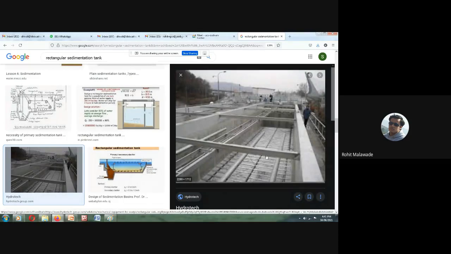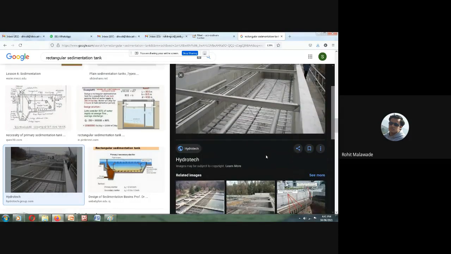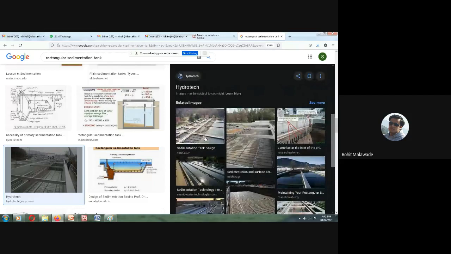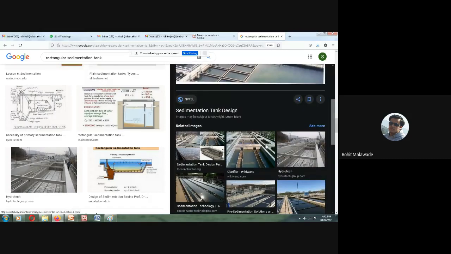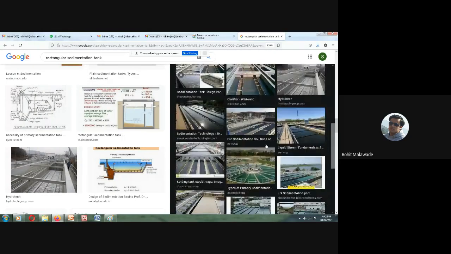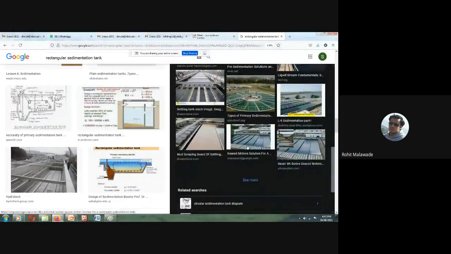This is your rectangular type of sedimentation tank. This is circular, and these are the rectangular types of sedimentation tank.